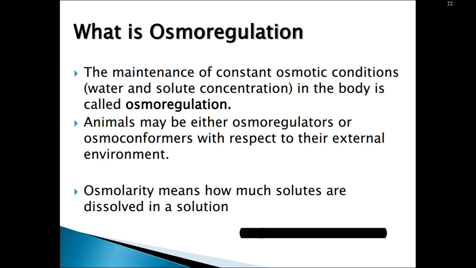Animals may be either osmoregulators or osmoconformers with respect to their external environment. There are two types of environment: the internal environment of the cell and the external environment of the cell.